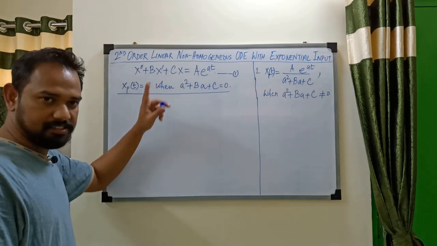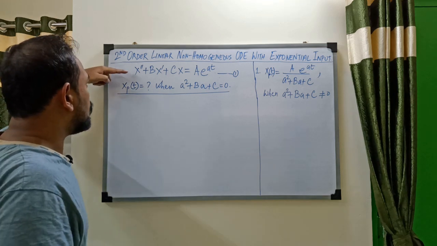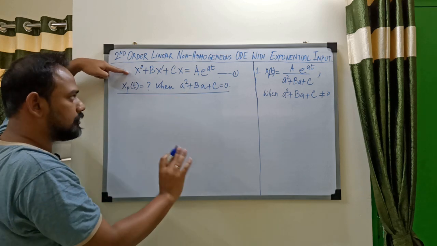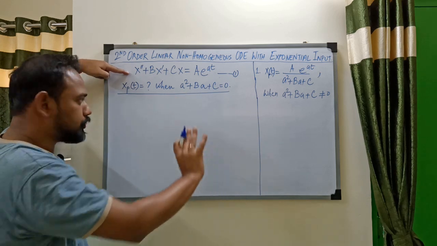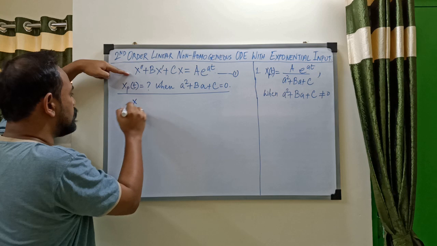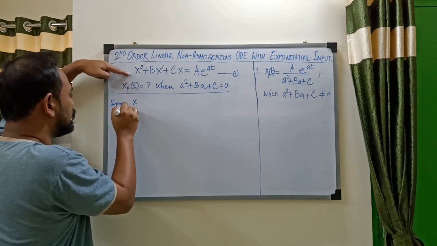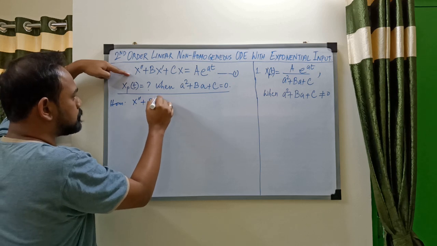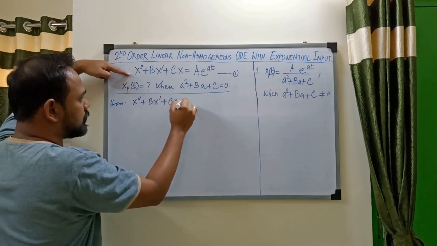I said a lot of things there, so let's go one by one. What's the homogeneous form of this equation? It's just making the right hand side 0, without any external force on the system. So the homogeneous form of this differential equation will be x double prime plus b x prime plus c x equals 0.